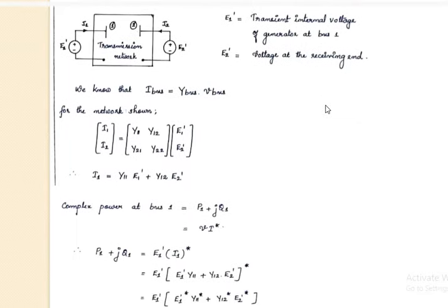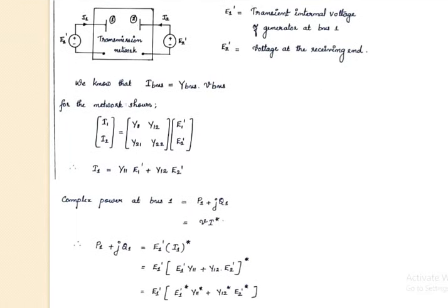Now with that we are discussing some terms. So this is a network. Here I am considering one generator, and here I am considering the second generator. Let E1' be the voltage of the first generator, at the sending end, and this is the receiving end. This also we know, that I is equal to Y bus into E bus.